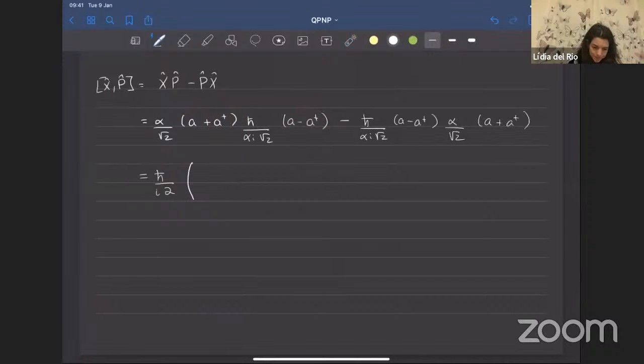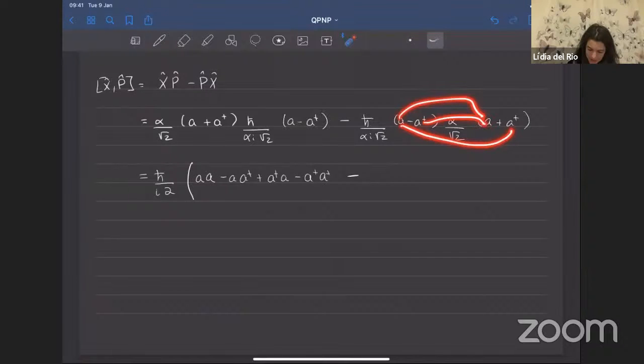Okay. So we have a a minus a a dagger plus a dagger a. That's this and this. Minus now a dagger a dagger. Okay. Minus. Now we come here, so we need this, this, this, and that.